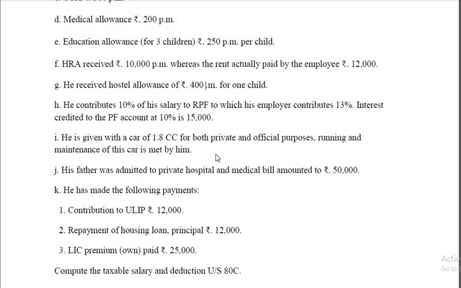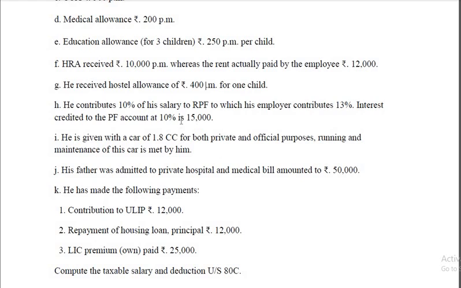How to calculate it? 10 is equal to 15,000. What is half? In other words, 15,000 into 0.5 divided by 10. So 15,000 divided by 10 means 1,500. Half of that is 750.